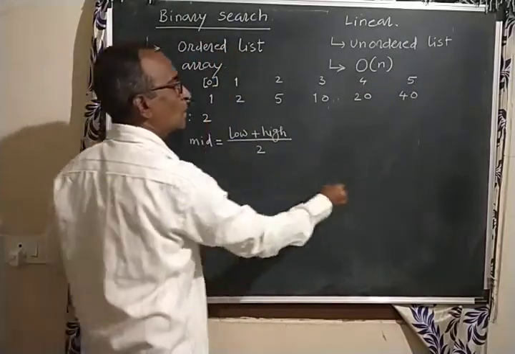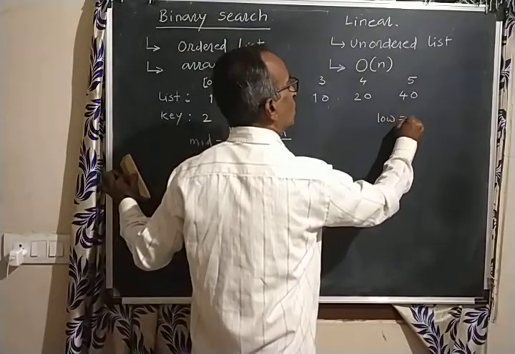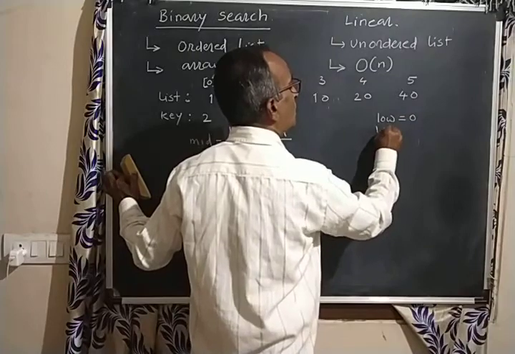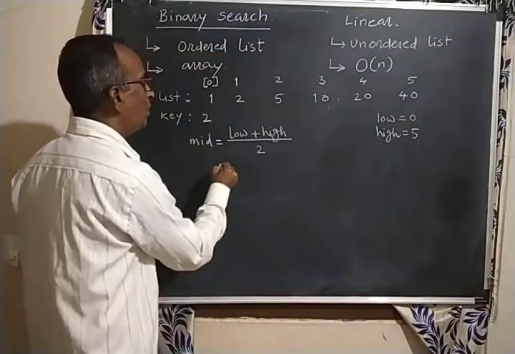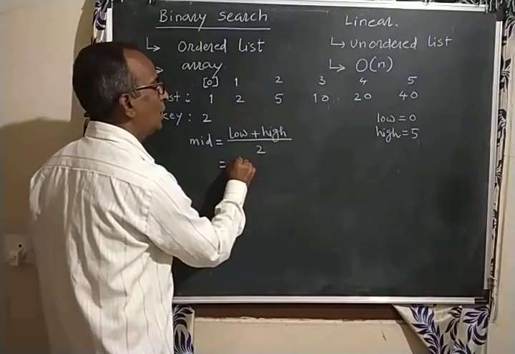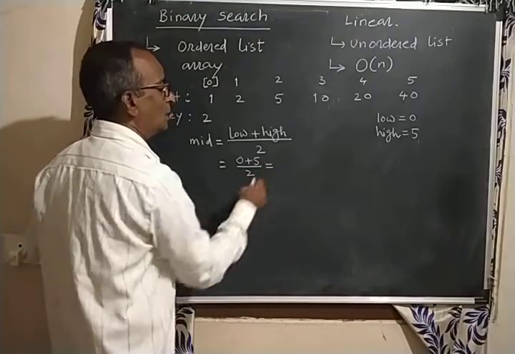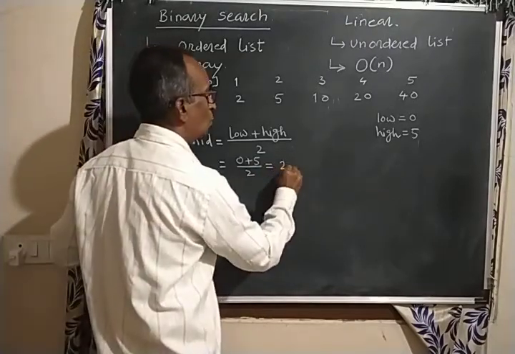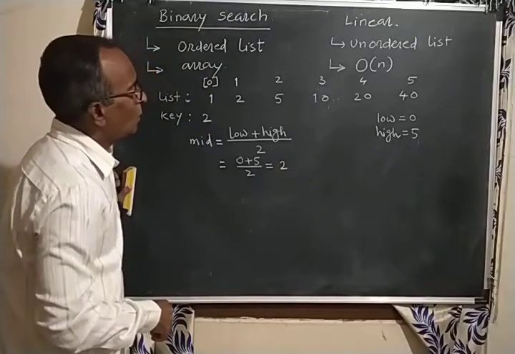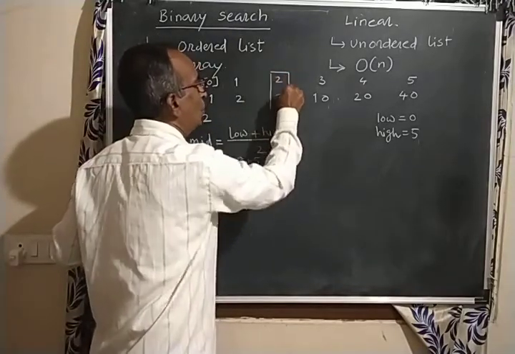Initially suppose low is 0 and high is 5. So what will be mid? Calculated mid is 0 plus 5 by 2. This integer division gives us 2, right? So this is mid, the index of mid.